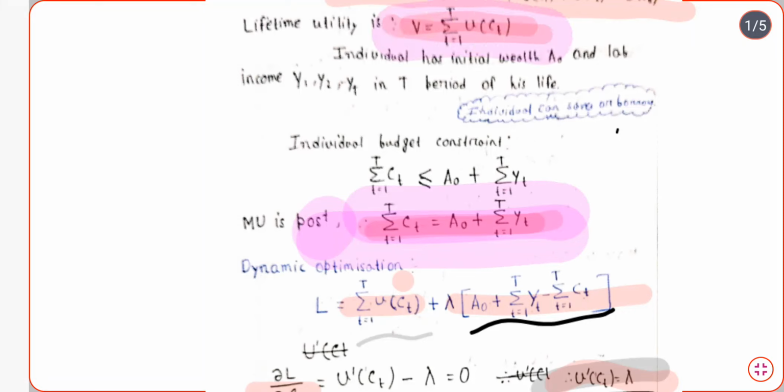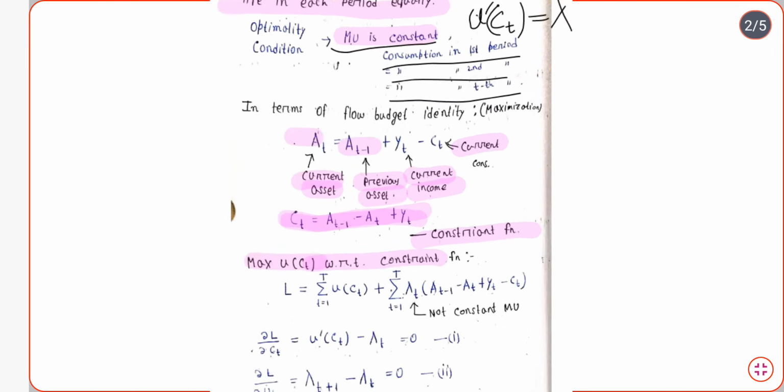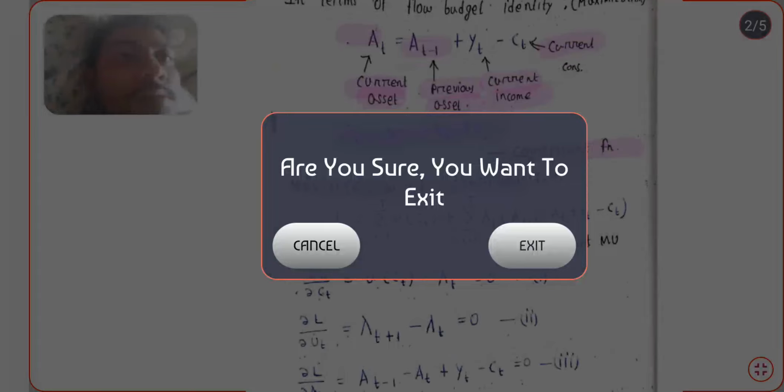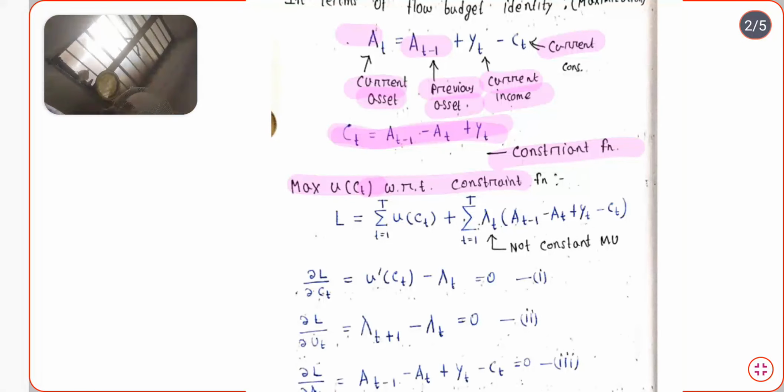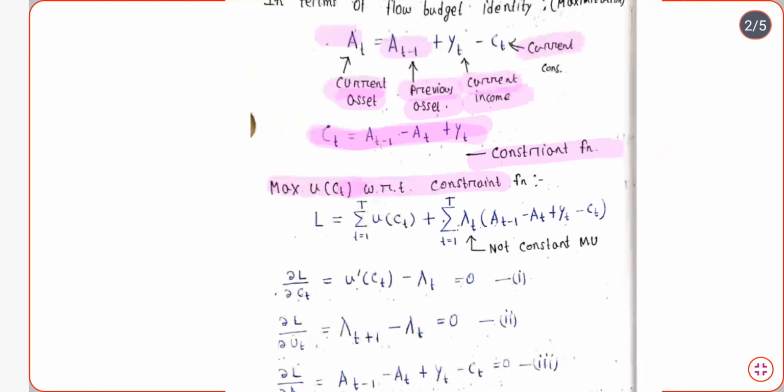But now our constraint function has changed. This is our constraint function now, and this is our entire Lagrangian.